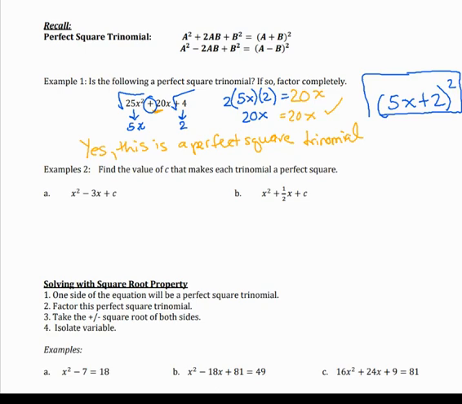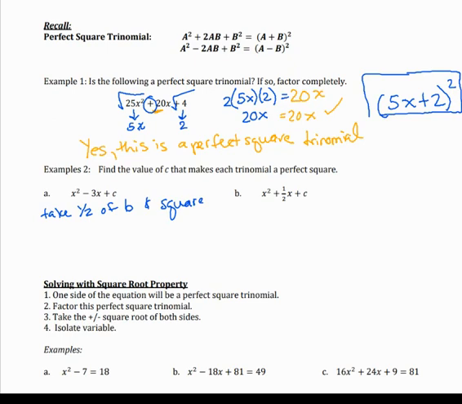Okay, so when we are solving with completing the square, our goal is to create one of these perfect square trinomials. So in our next example for parts A and B, we have a binomial, but we need to figure out that third term to make it a perfect square. To do that, we're going to undo what we just did. Instead of taking square roots and doubling, we are going to take half of the b value and then square it.